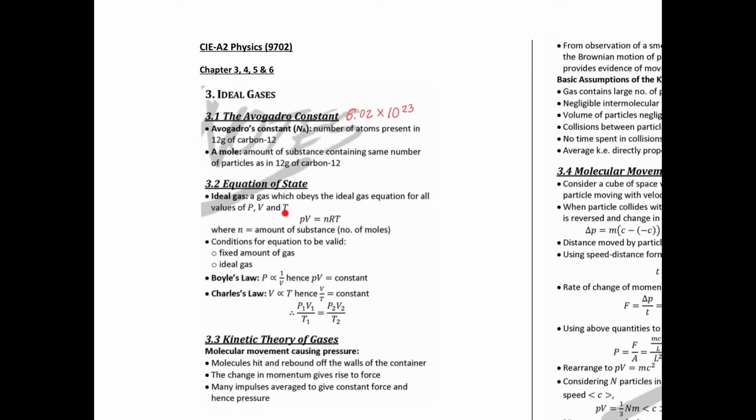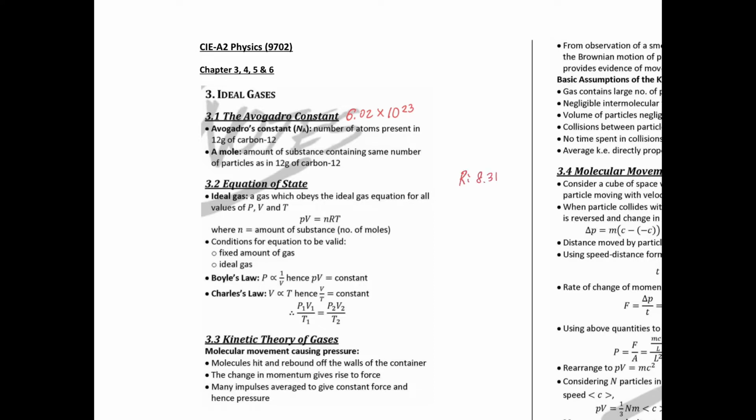So the ideal gas equation is PV equal to nRT. So P stands for pressure, should be capital P, capital P stands for pressure. V stands for volume, n is the number of moles, R is 8.31, it's a constant.